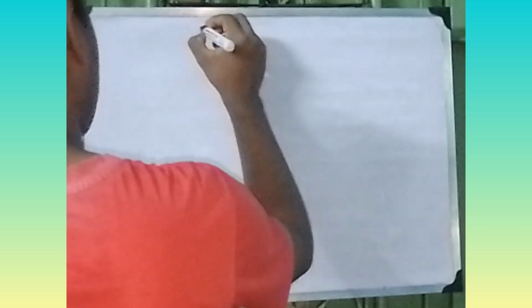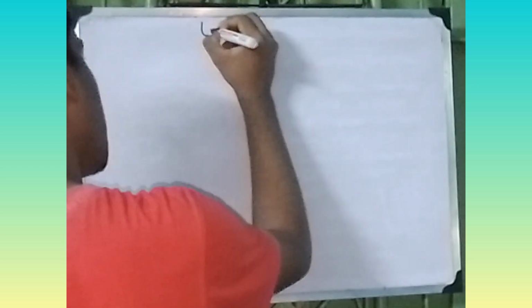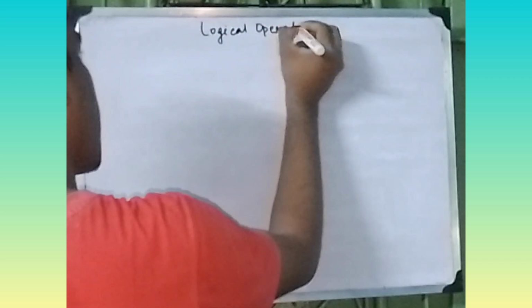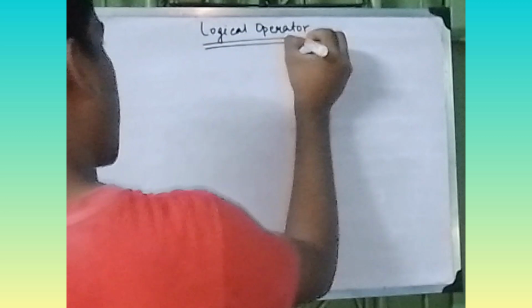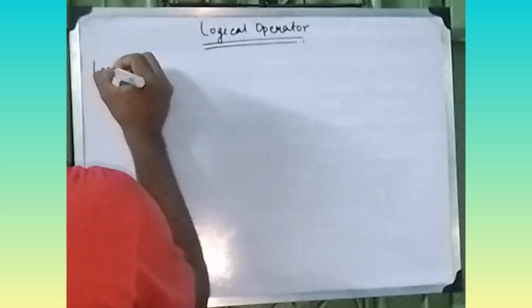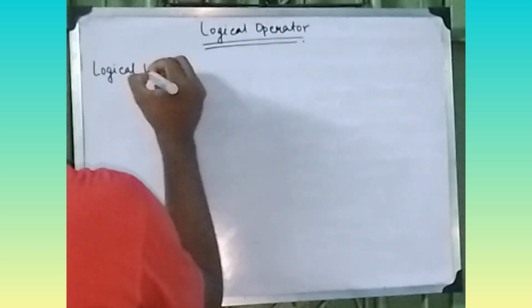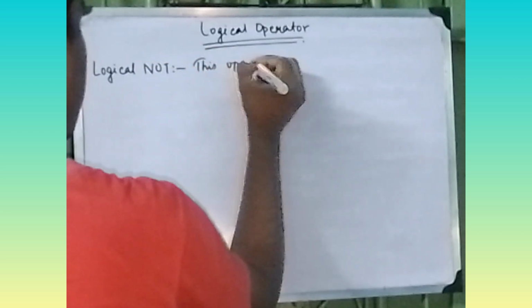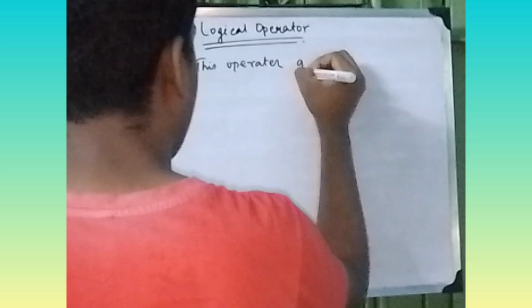In this video we are going to learn about logic gates, which are a part of Boolean algebra. So we will start with the first logical operator, which is logical NOT.